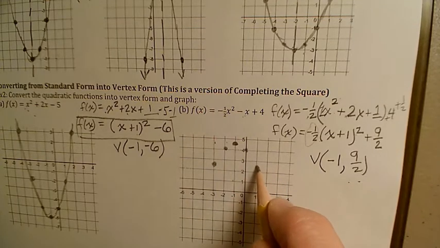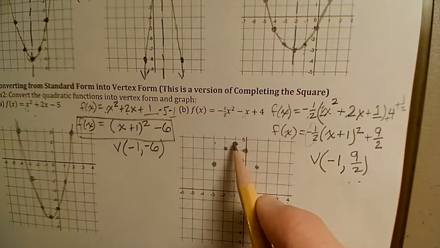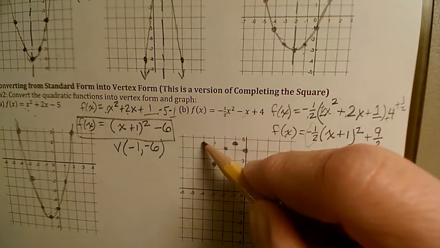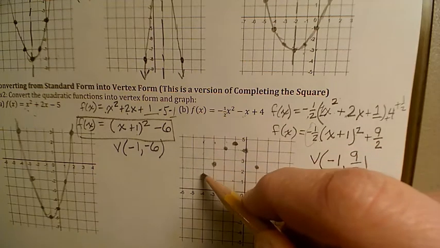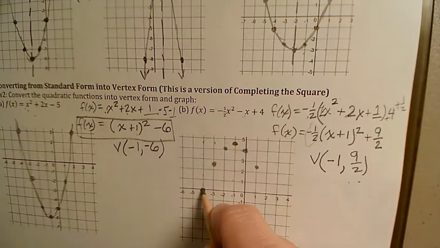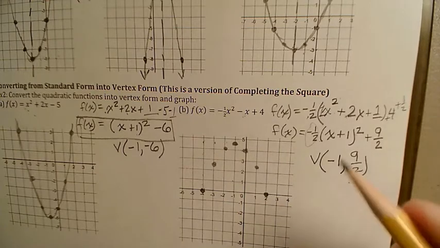and 2 here. Okay. Let's do another one. If I go over 1, 2, 3, I should go down 4.5. So 1, 2, 3, 4.5. So I'm on the x-axis this time. And we could do one more.